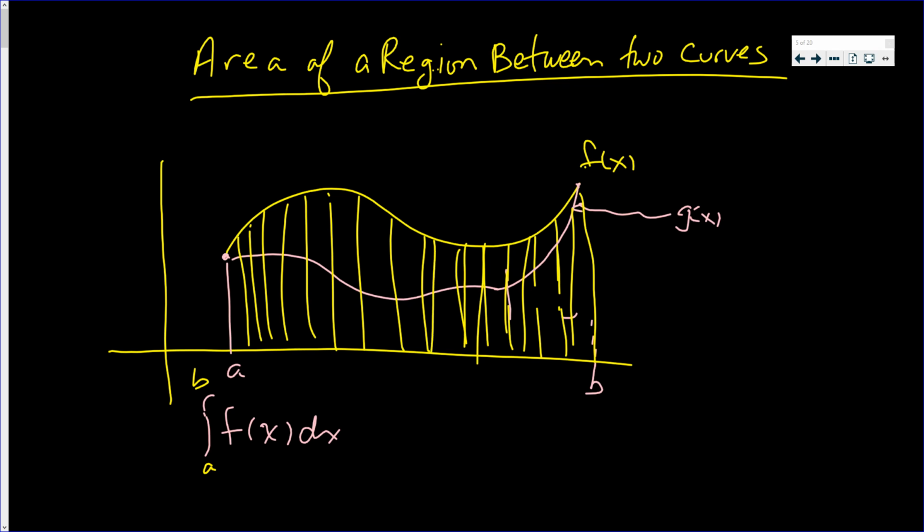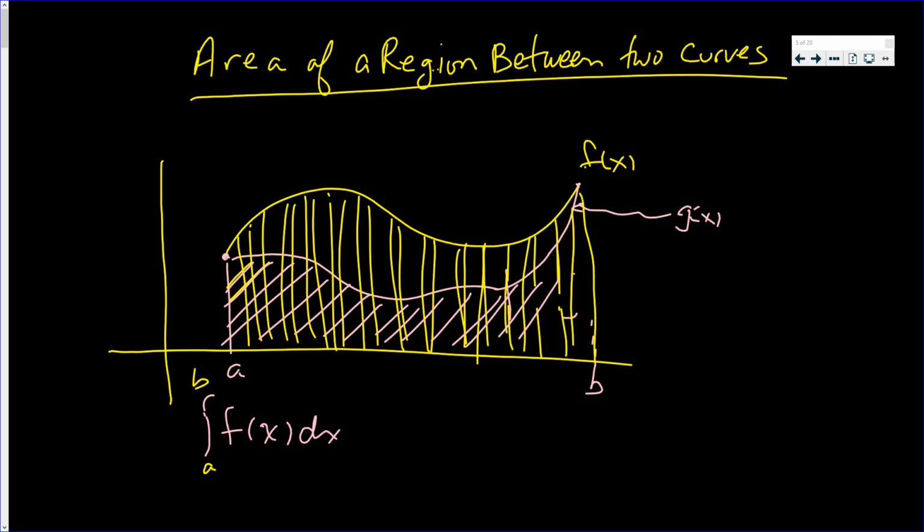So you have the area you want, but you also have too much area. Somehow you want to remove this area because you don't want everything below f of x. You only want what's in between. But now the area that I just took away, that's the integral from A to B of g of x dx.